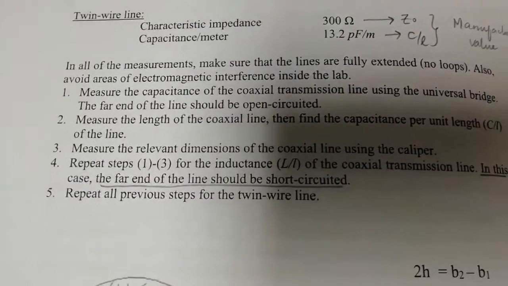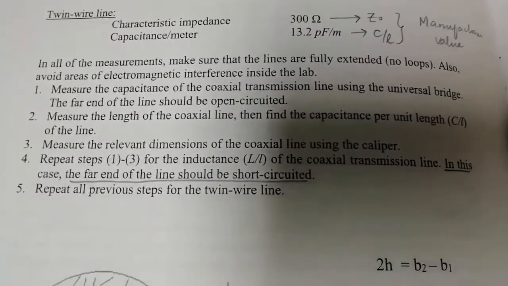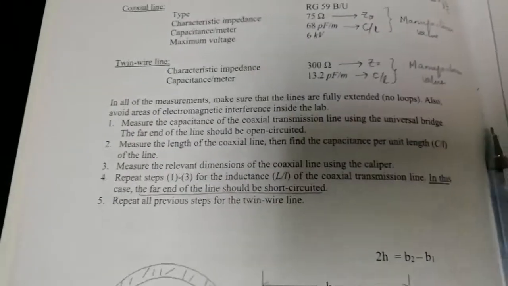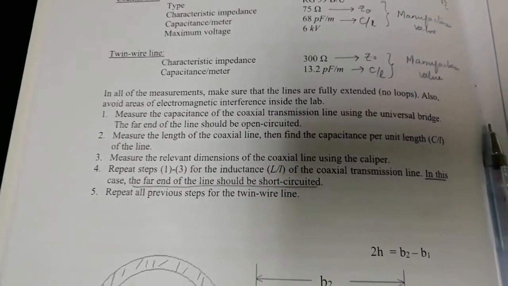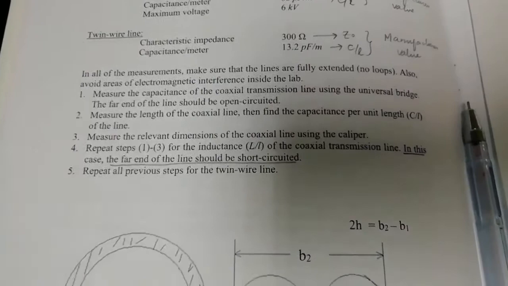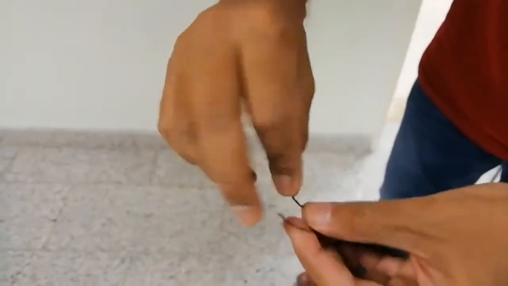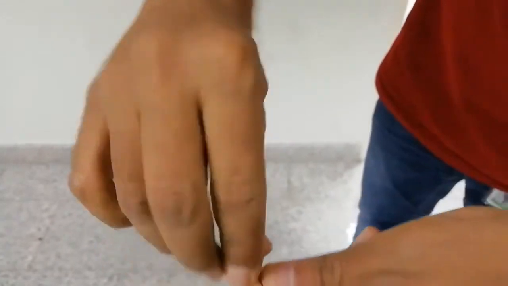That means both the conductors should be left as they are, open. But for inductance, it has to be shorted. So I'm now going to go to that far end and short it. So this is the one, so I'm going to short it.